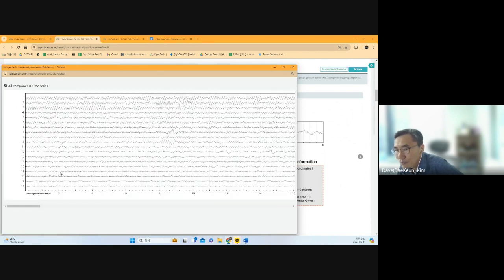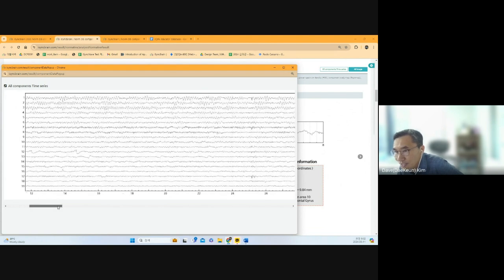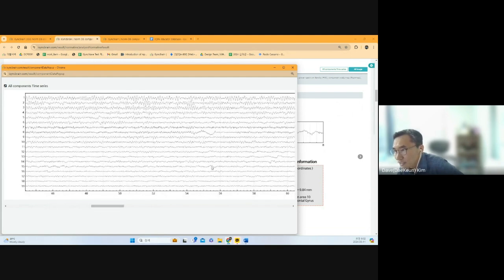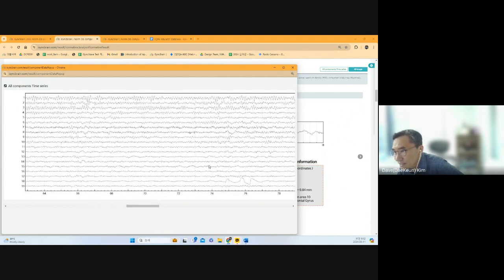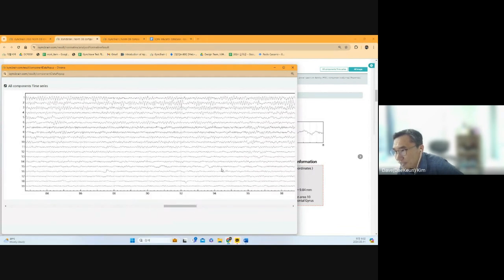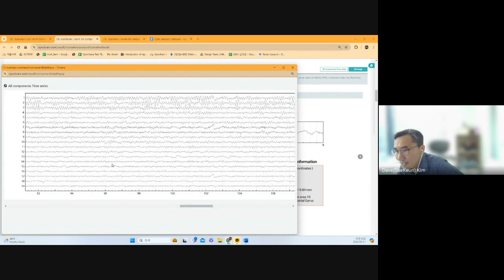The component number 15, number 13 will be rejected, and number 15 is also rejected. This is a combination of the eye blinking and another activity. There is a lot of eye blinking activity in number 13 and number 15.